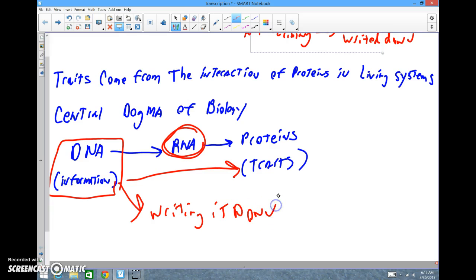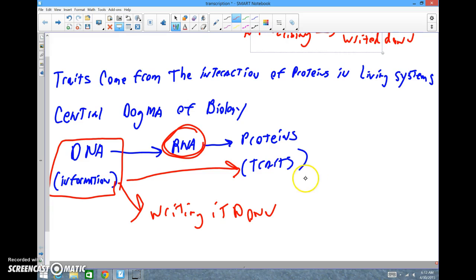Remember, part of the reason that living things use DNA is because DNA is very stable. DNA doesn't really break. DNA lasts for a very long time. And so part of the process of using DNA has to involve keeping it safe. And so rather than use DNA to directly generate your proteins, in an effort to keep it safe, DNA is used by having us make an RNA copy.